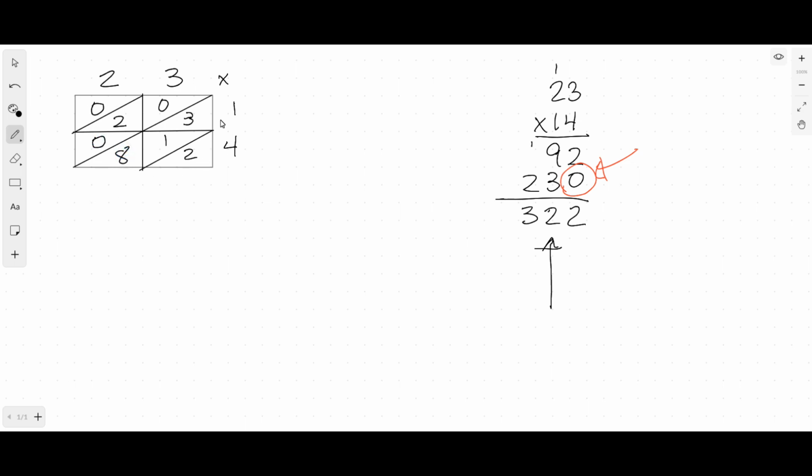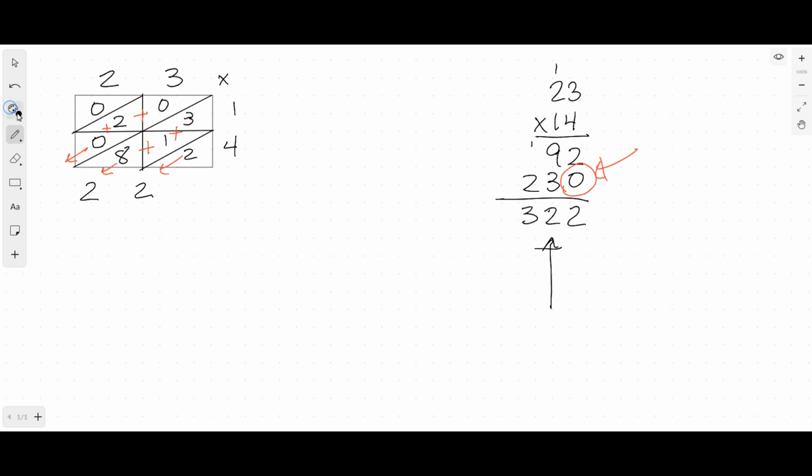And then you add along your place values. So let me do that. So you're going to add here, and that's your first place value, plus here, plus here. Okay? So I get a 2 for my ones place. 3 plus 1 plus 8, that's 12. So I get a 2.